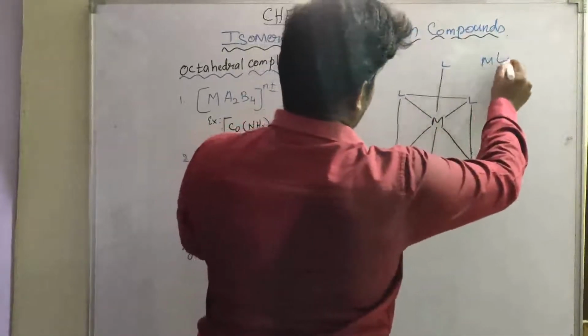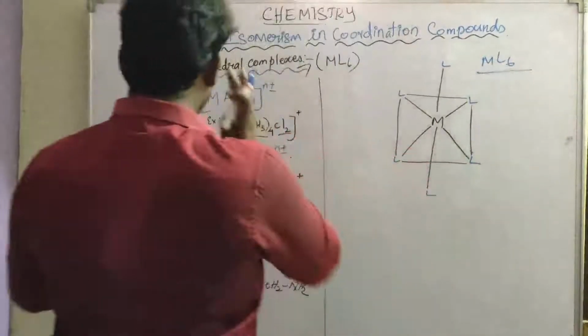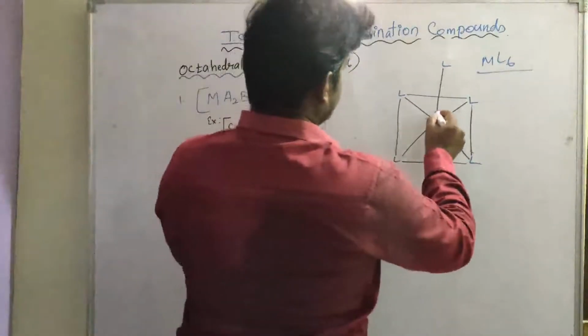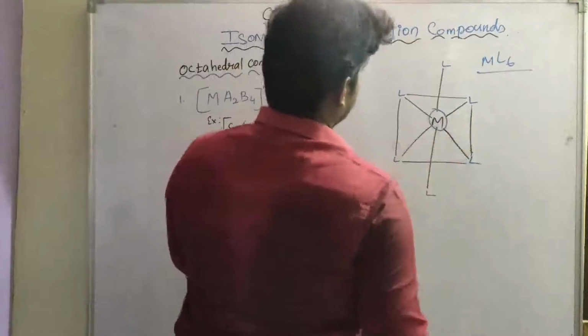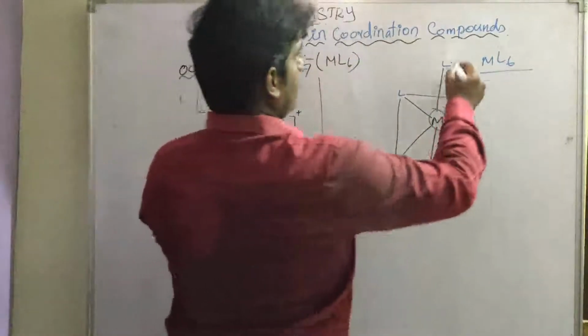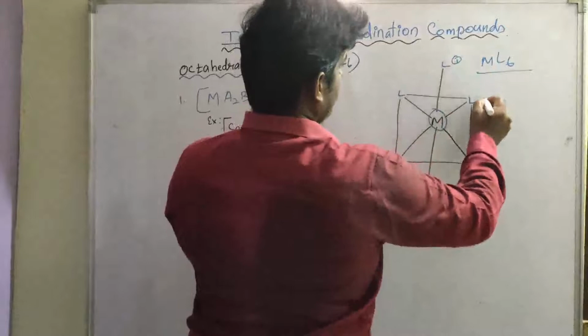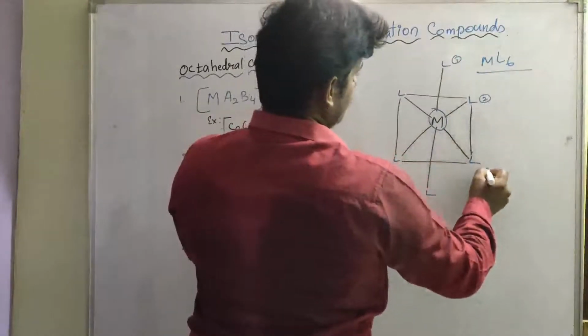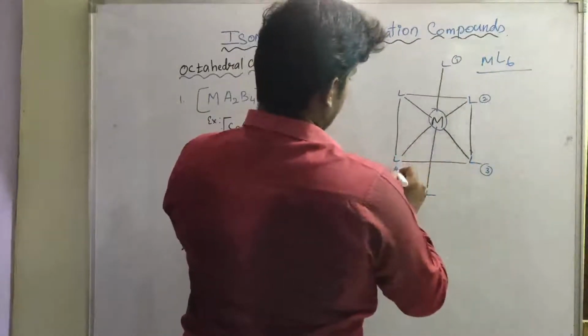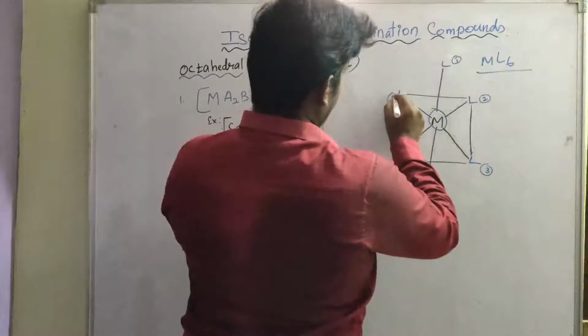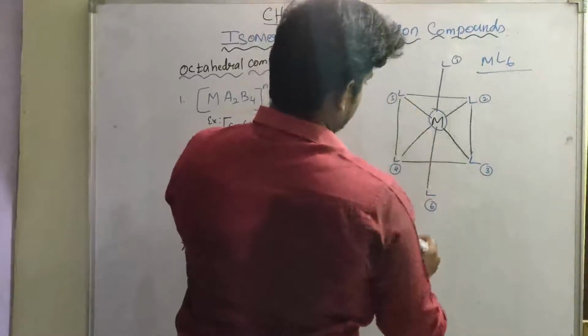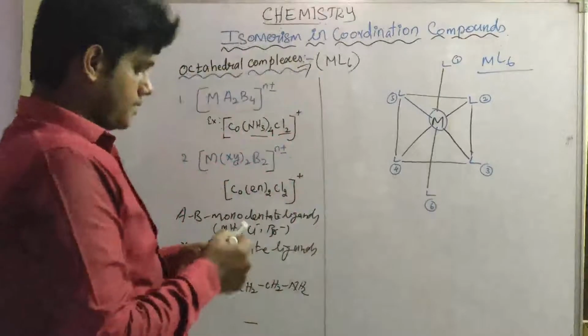So ML6 is called the octahedral complex, where the central metal M is called the central metal atom. Now here the numbers are 1, 2, 3, 4, 5, 6. The six positions are present.